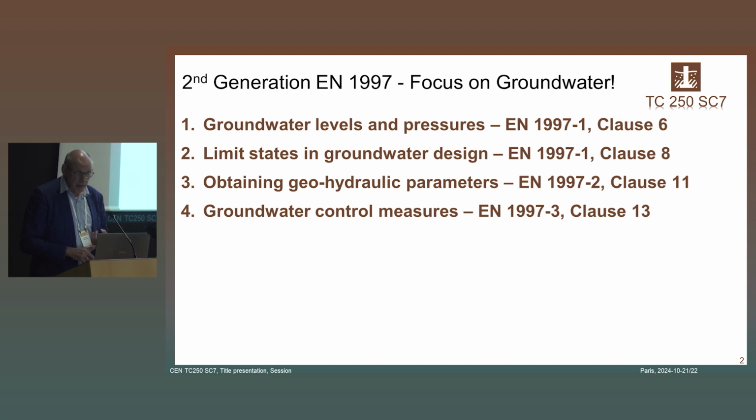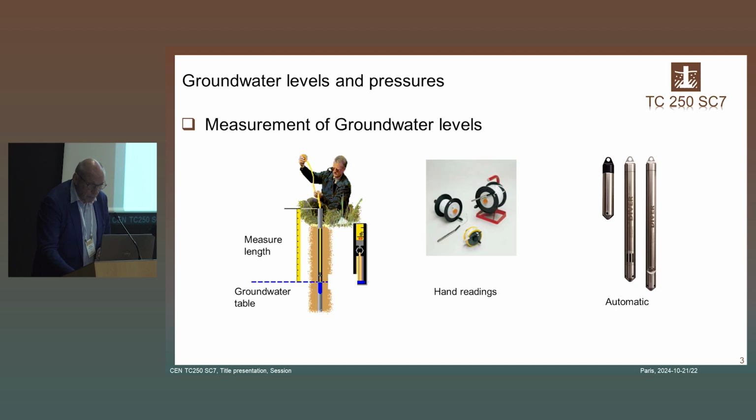There is a chapter in clause 8 on limit states in groundwater, so uplift and hydro flow. There is in part 2 a clause on how to derive your geohydraulic parameters, and there is in part 3 a special clause on groundwater control measures. And I will go briefly through them.